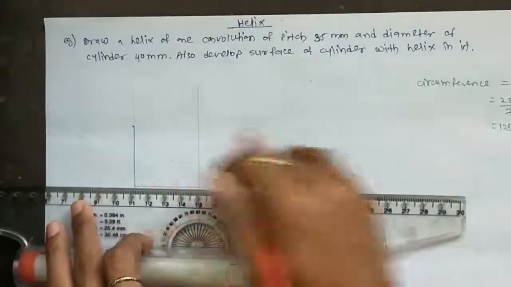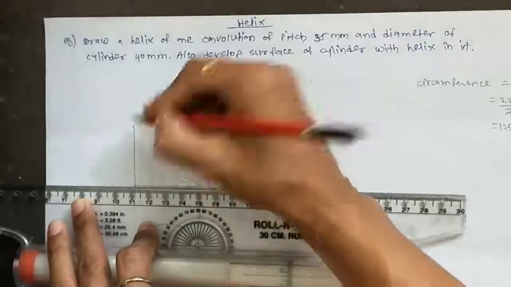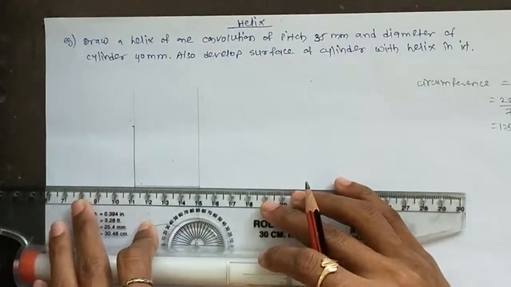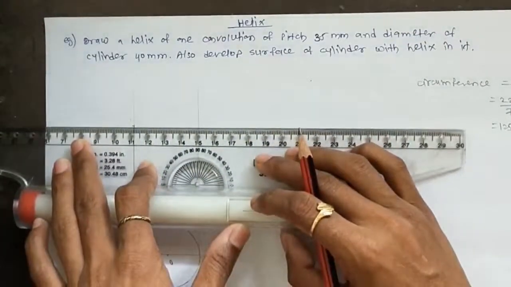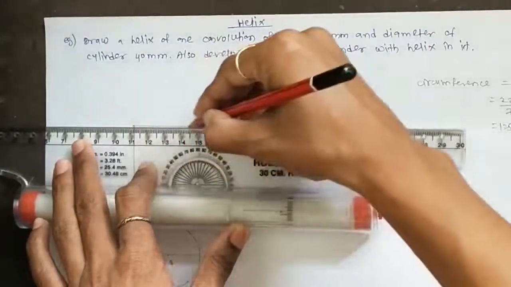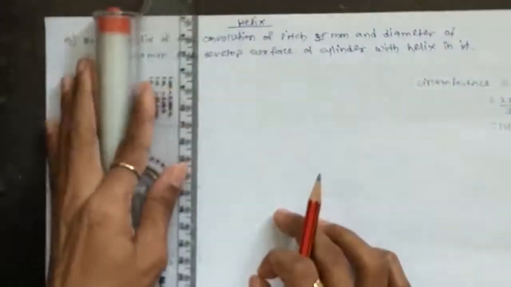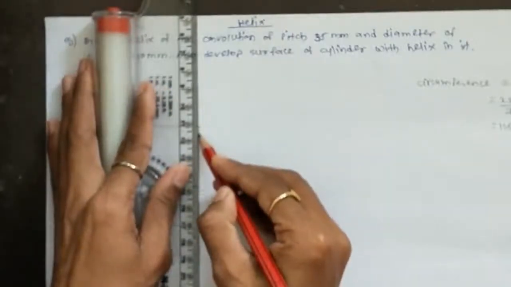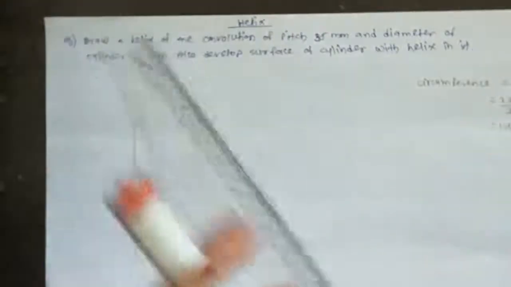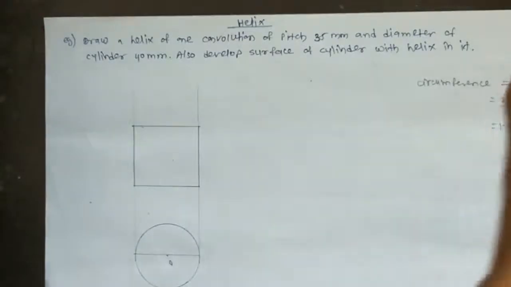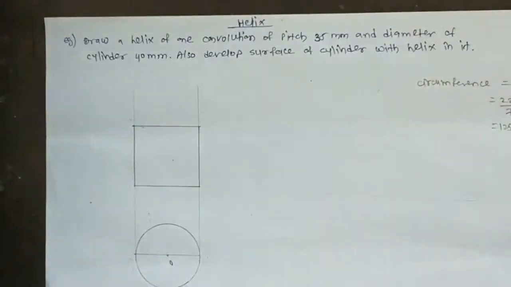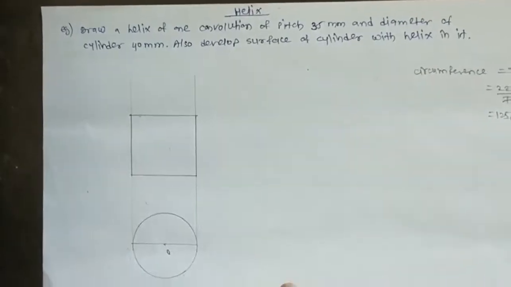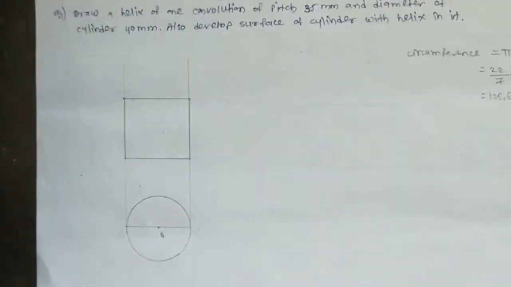Now take parallel line to this line from this point. So we will get all the sides of a cylinder. Now next task is to divide this circle into 12 equal parts.